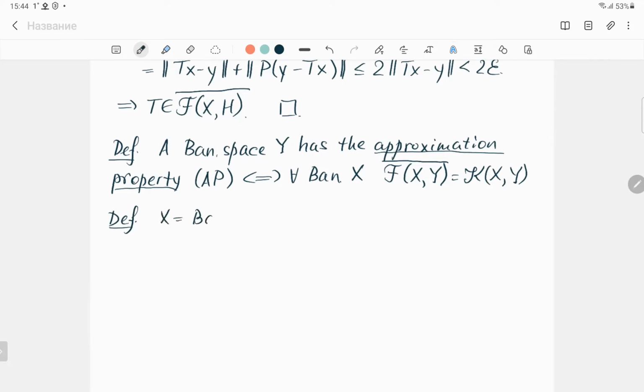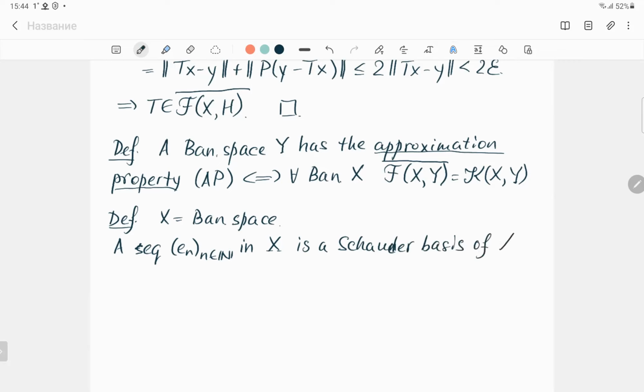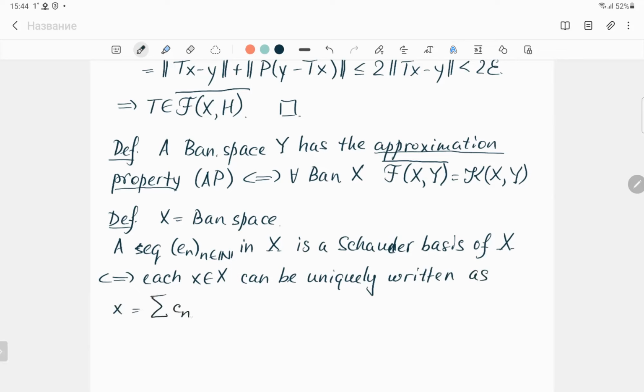Suppose that X is a Banach space, and suppose that we have a sequence e_n of elements in X. Let's say that the sequence is a Schauder basis of X if each element in X can be uniquely written as the sum of the following series, for some numbers c_n.